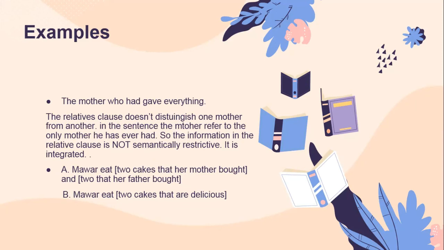This is more like the integrated type, like the example, the mother who had given everything. So we cannot generalize that integrated relative clauses are restrictive, because they are not always restrictive. Therefore, the term is misleading.